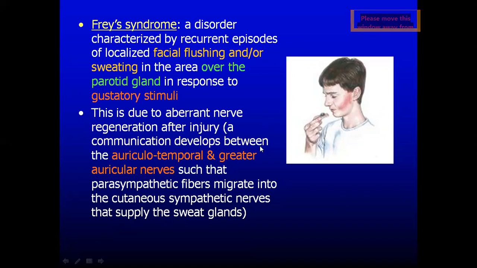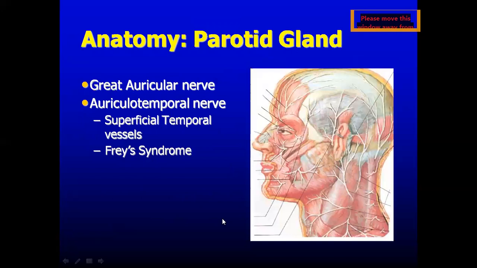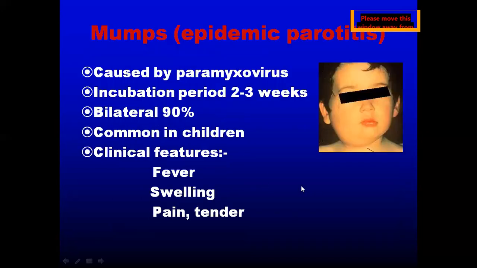A communication develops between the auriculotemporal nerve and greater auricular nerve such that parasympathetic fibers migrate into cutaneous sympathetic nerves that supply sweat glands.